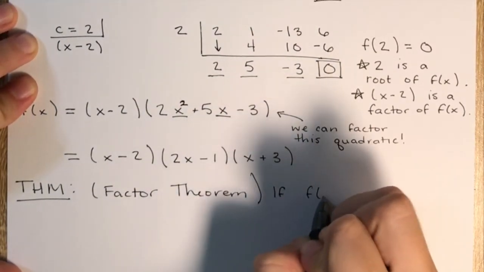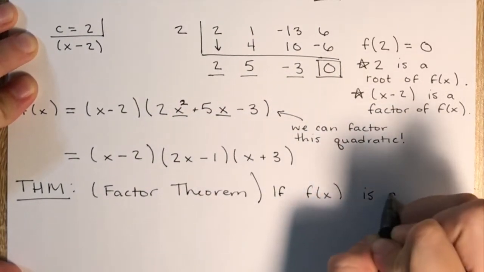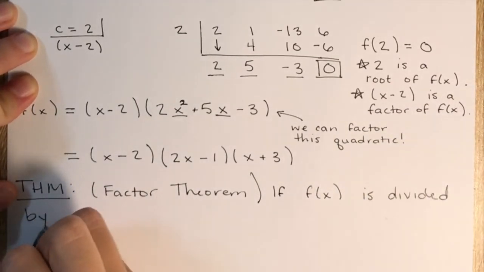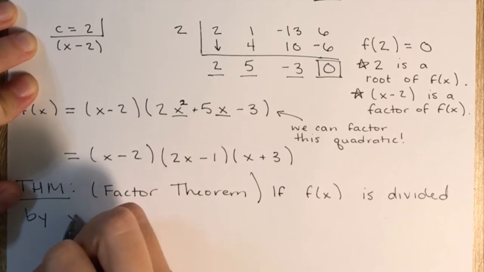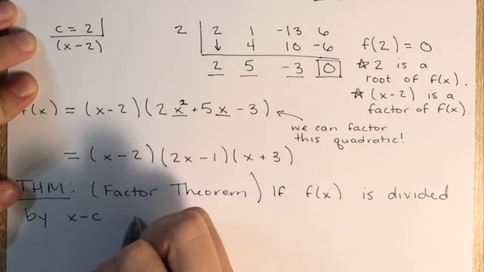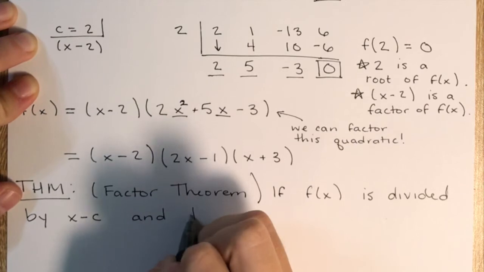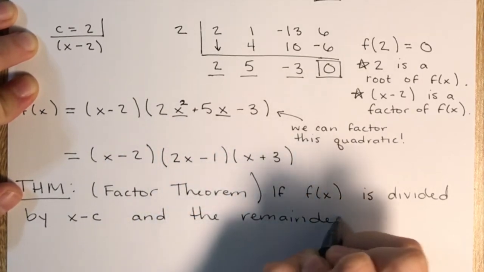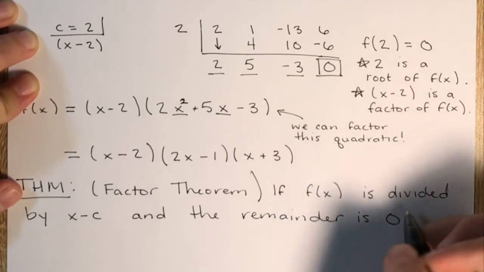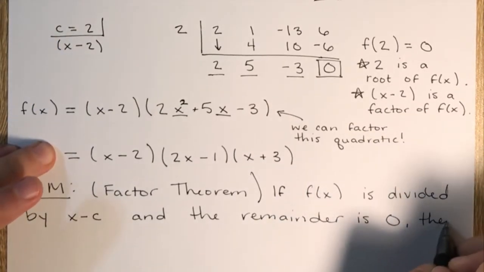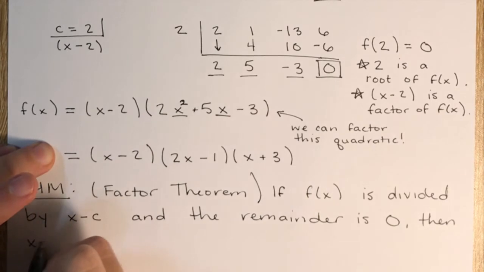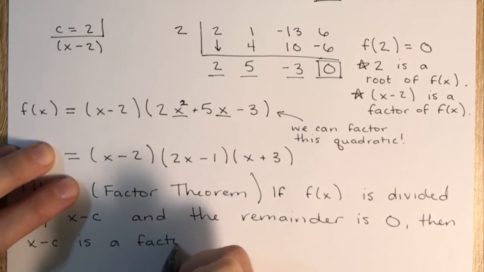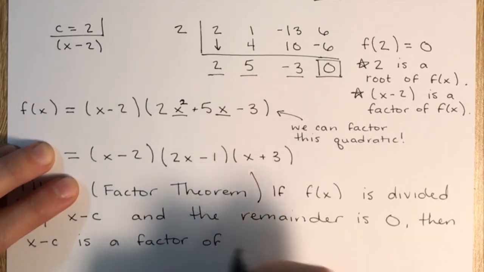If f of x is divided by x minus c, and the remainder is 0, then x minus c is a factor of f of x.